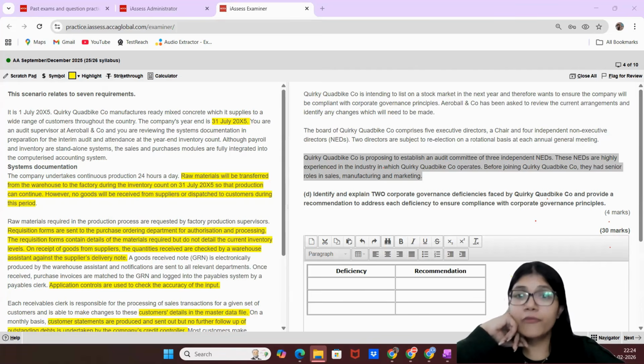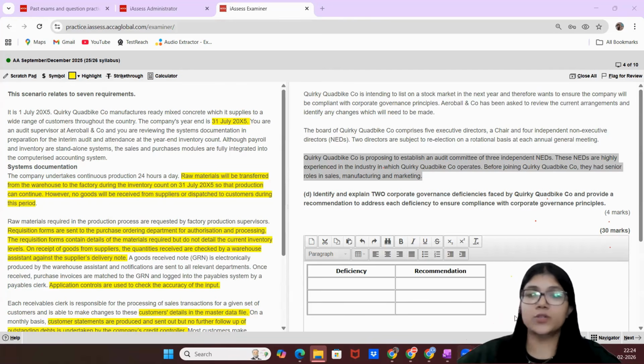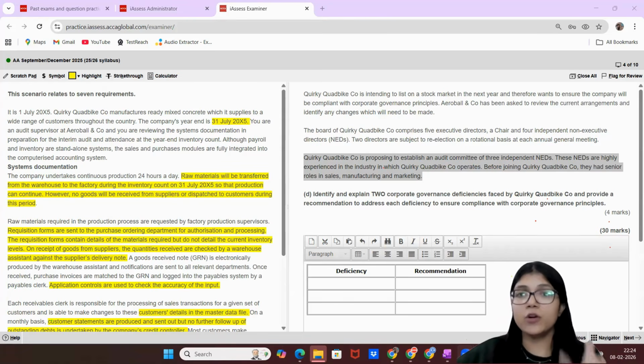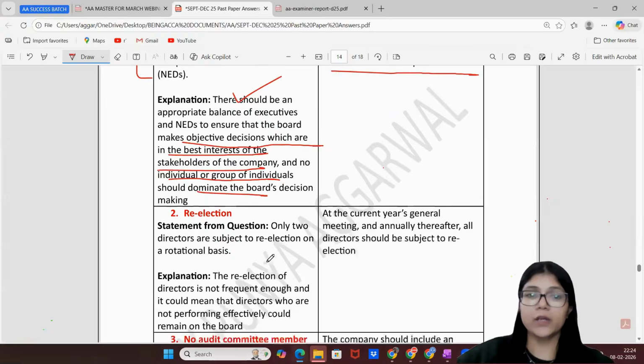All of them, and on a frequent basis, not on a rotational basis. Yeah, that's an issue. Correct. So 2 directors they're saying, but everybody should have the re-election, not on a rotational basis, but on an annual basis.